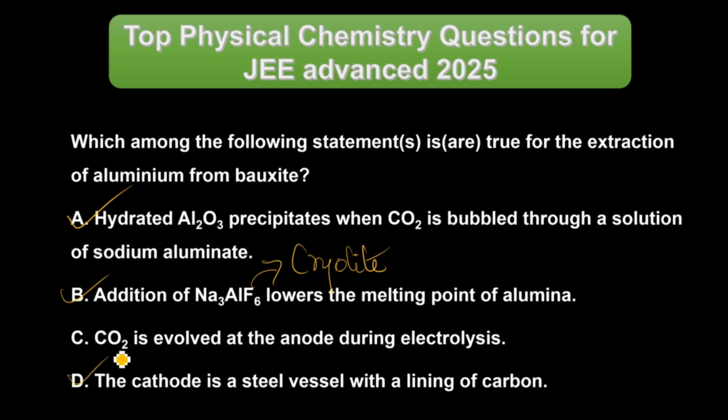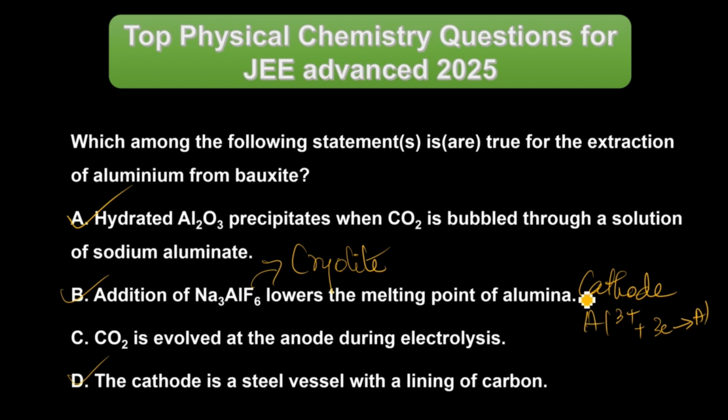And talking about C, CO2 is evolved at the anode during electrolysis. That is true. At the cathode, Al3+ is gaining electrons to become Al.